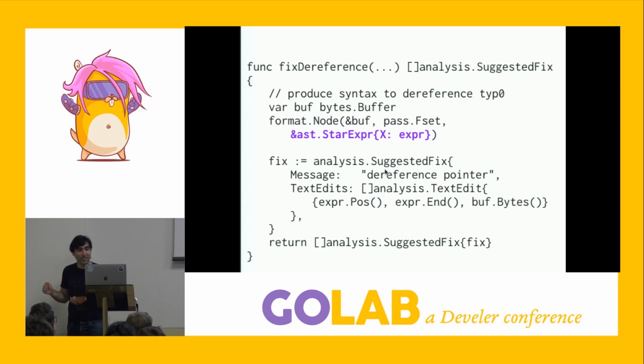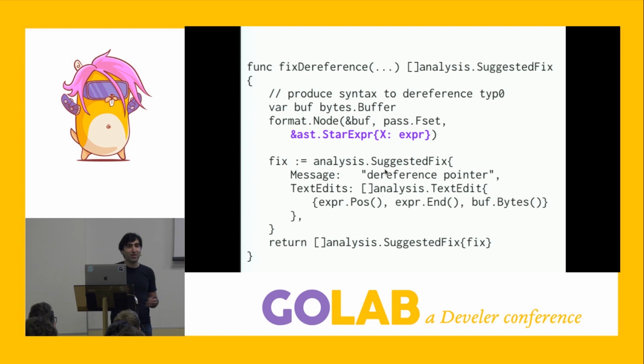And the syntax that we're going to put into that buffer is a star expr of the code that we want to dereference. So star expr is just what it sounds like. It's an expression that adds a little star in front of some other one. And so this is going to do all the work of adding the right parentheses everywhere and all that. It's going to be great. And it just puts a little star in front of whatever we're dereferencing. And that's that. Okay, so now we have the code that we want to replace the other code with.